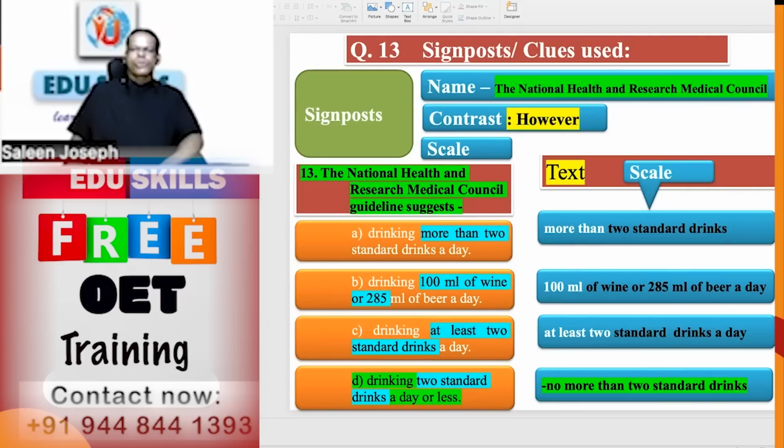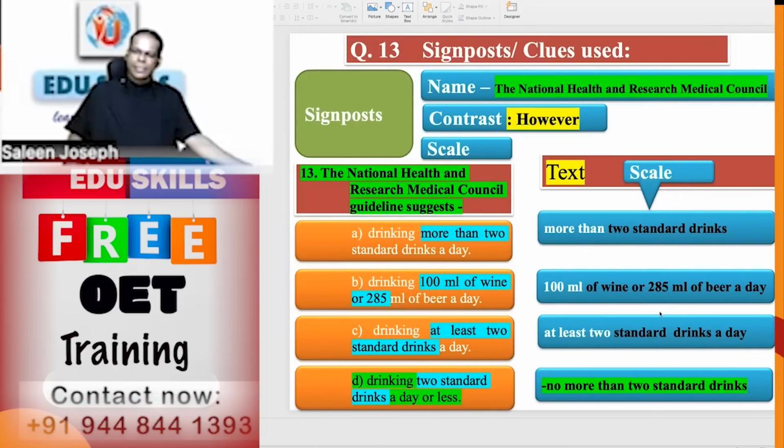So the signposts or the clues in this particular question are the name, as I said, then the contrast word, then the scale. Scale is this, see, more than 2 standard drinks. 100 ml of wine or 85 ml of beer a day, that is a standard drink. At least 2 standard drinks a day, not more than 2 standard drinks. So this is the scale, more than 2.